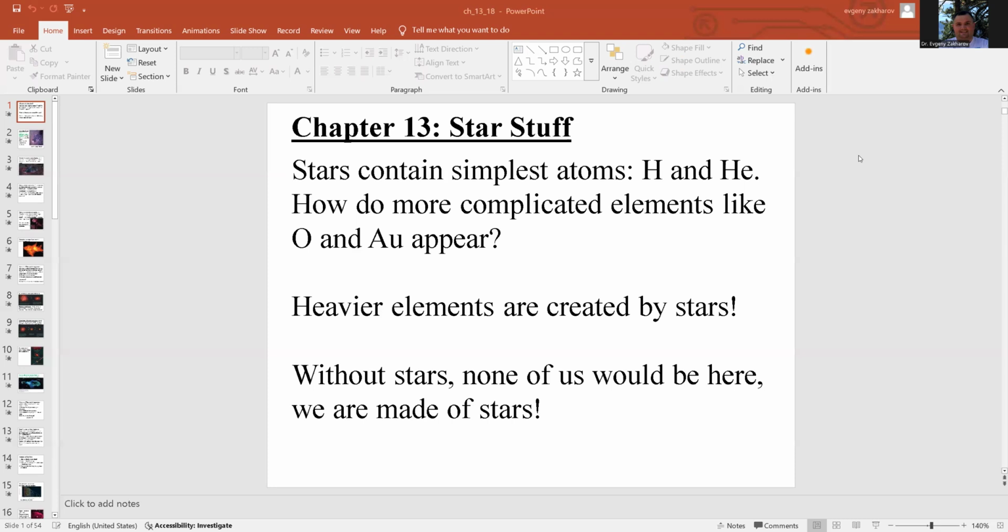The cloud contracted, a star was born. So the cycle moves over and over again, and all of those advanced elements that you see around, if you own a piece of jewelry, or gold or silver, that's a piece of a supernova explosion that happened billions of years ago, billions of light years away. So pretty exciting chapter to go through.